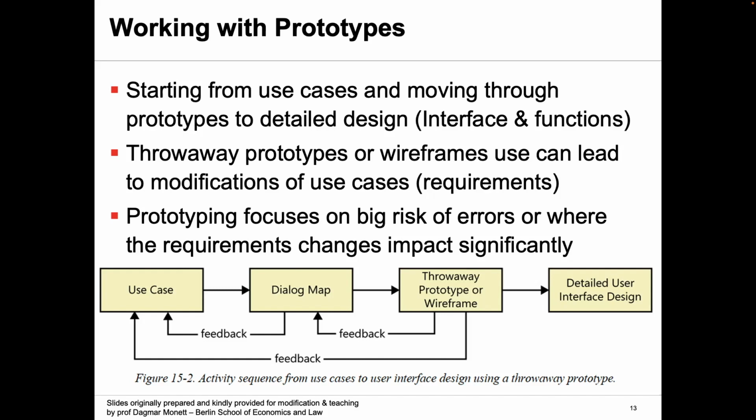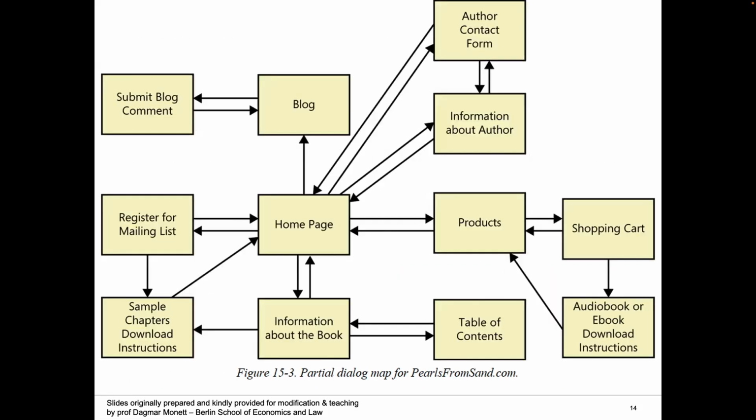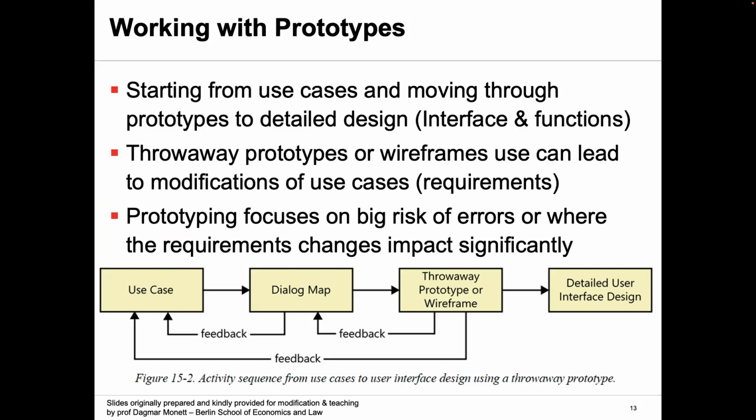And that is your starting point. And then you come up with a dialogue map. Dialogue map is like your pages of application and how they're going to interact with each other.